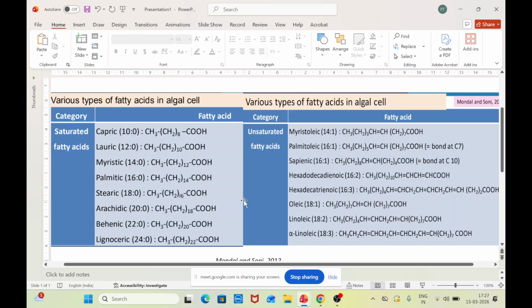So linoleic is the correct answer. In the case of linoleic acid, you have two double bonds present in the carbon chain, so their degree of unsaturation is 2, and they are an example of unsaturated fatty acids. Whereas capric and lauric do not have any kind of double bonds in their carbon chain.